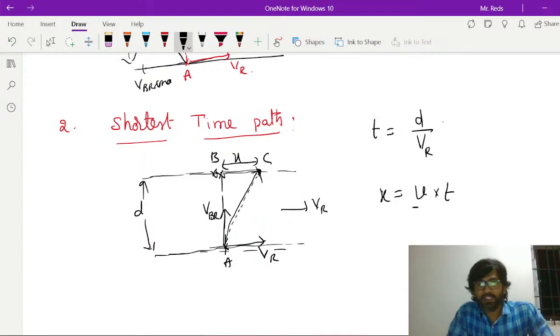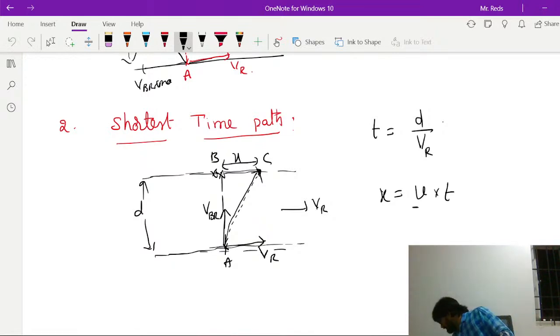Okay, so now let us try to work out some numericals based on these points, so that you can understand a little more clearly. Let me take some questions here, based on relative velocity, some simple questions.